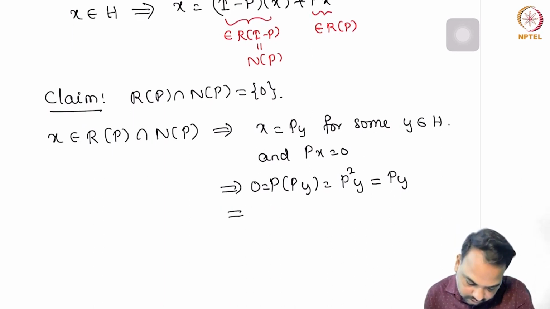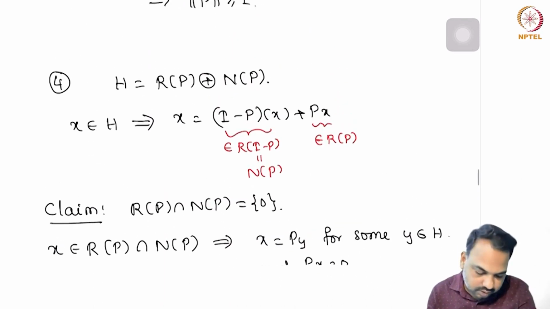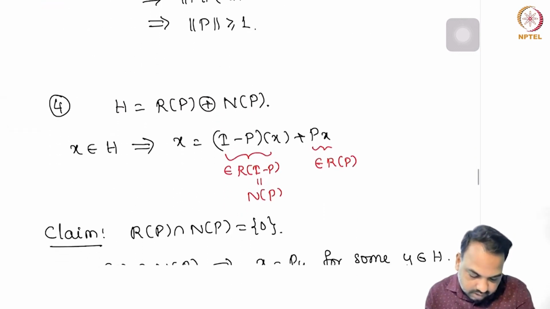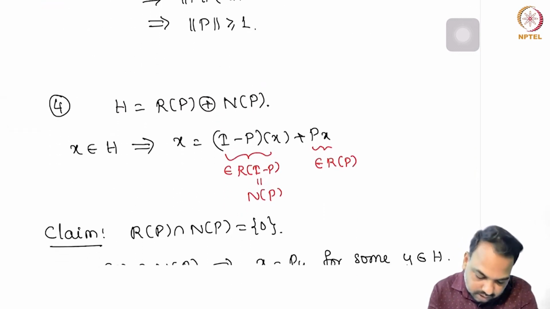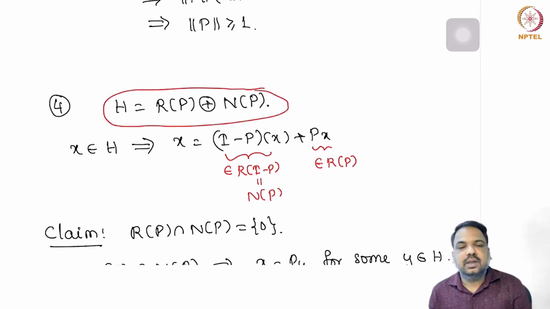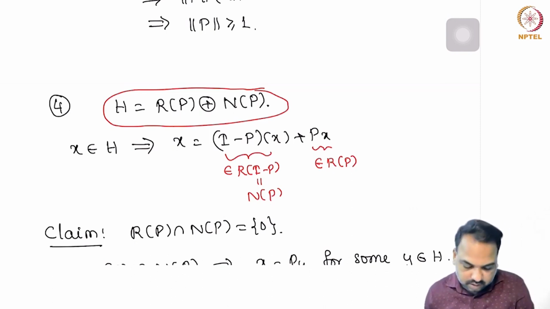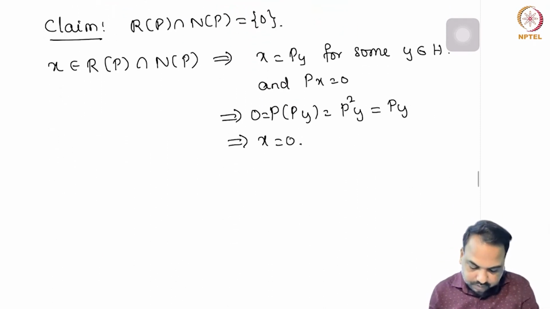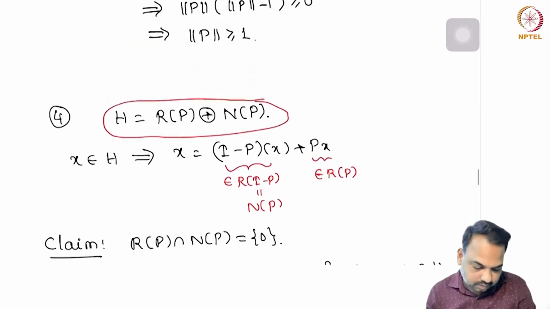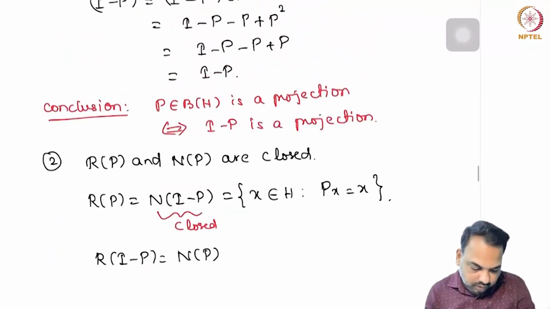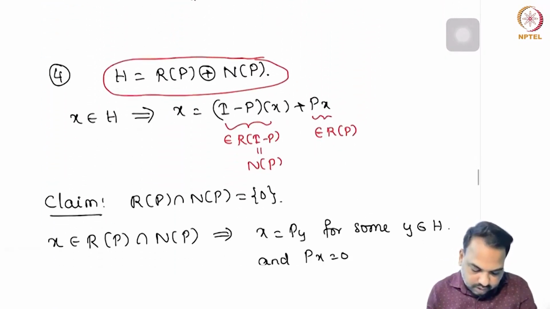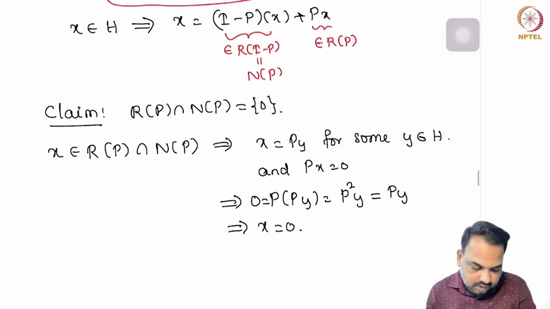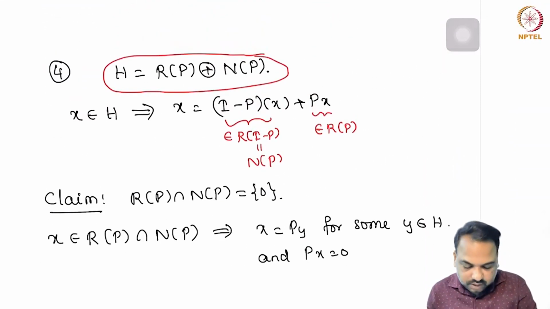So this implies Py, which is nothing but x, is 0. So we have shown that this decomposition is exactly a direct sum decomposition. We can write H as the direct sum of the range of P and the null space of P. Okay, so these are a few important observations regarding projections.